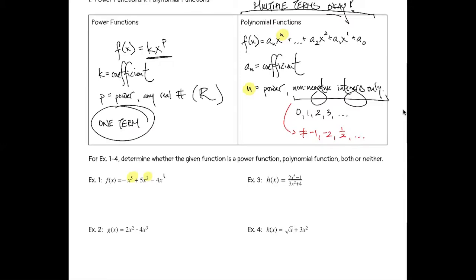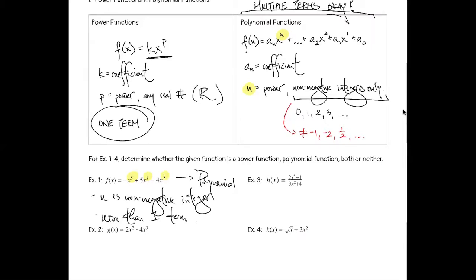It's 1, and 1 is also a non-negative integer. So n is a non-negative integer and there's more than one term. So it is a polynomial.